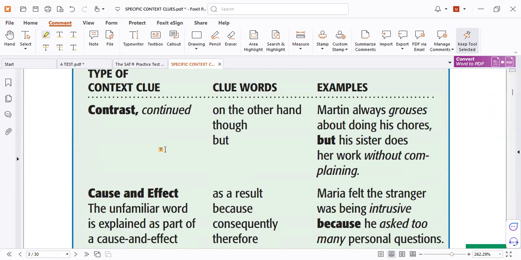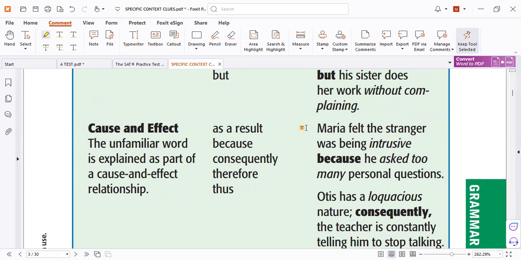That's fine. Now I need you to guess what this word means. That he's complaining. That is always complaining. Yes, that's why we can use cause and effect, and that's most common for the SAT. We give you reasons. You should guess.